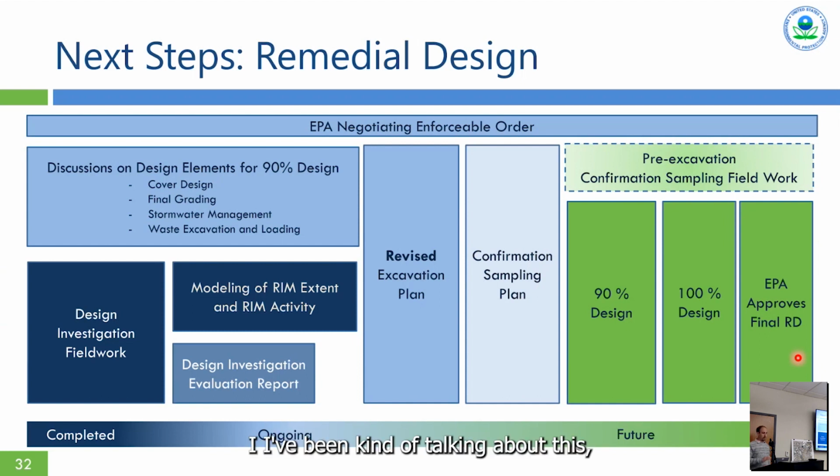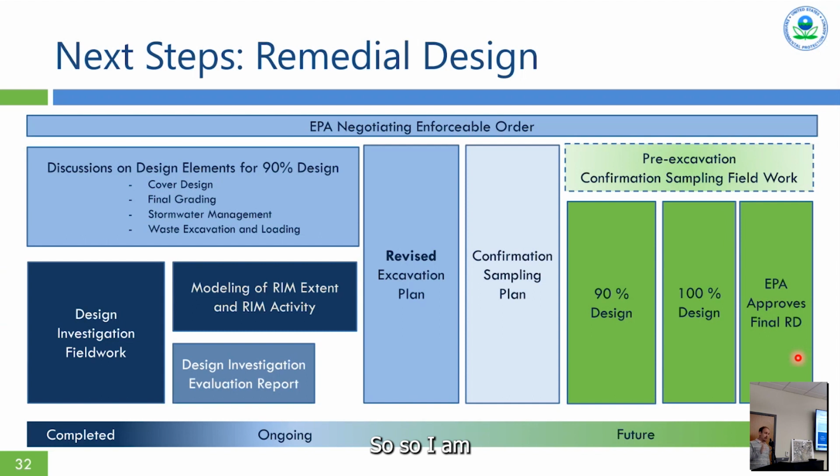Now, I've been talking about this, but I want to be very clear. These last 3 documents are the most significant documents that we will have received to date on this design. This is all the meat and potatoes. This is all the specifications of what has to be done to comply with regulations, to make sure this remedy, when implemented, is going to be effective for the long term, which at this site is essentially forever.